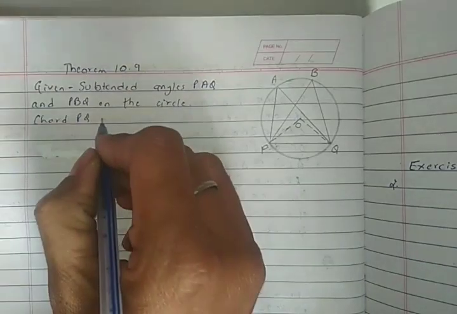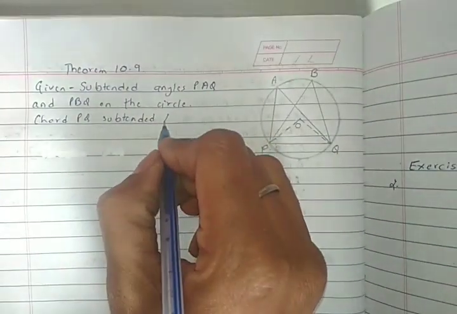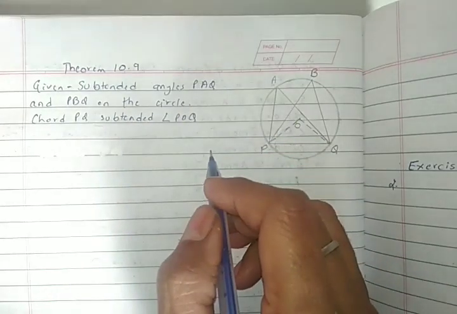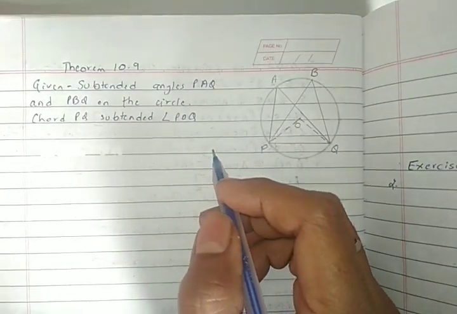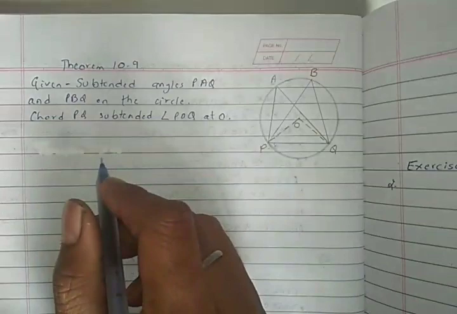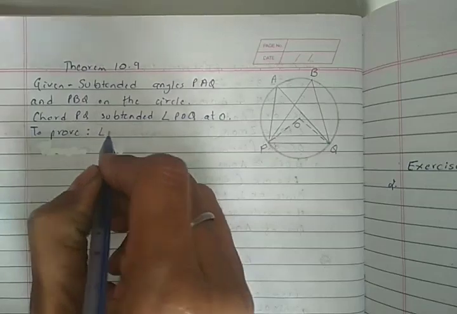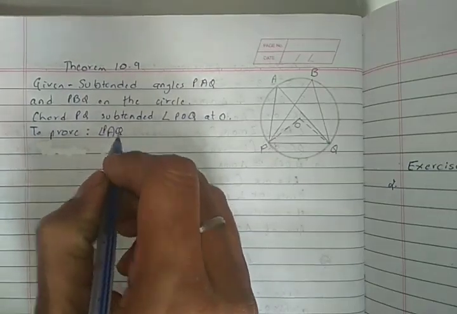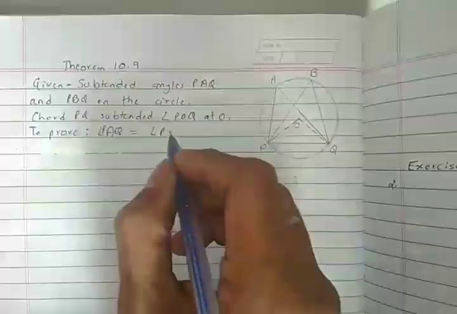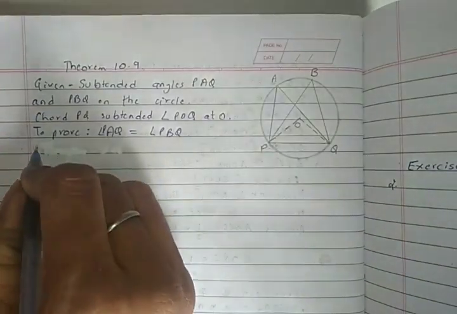Chord PQ is subtended and angle POQ at O. Now we have to prove that angle PAQ is equal to angle PBQ. We have to prove this. Now we shall start with the proof.